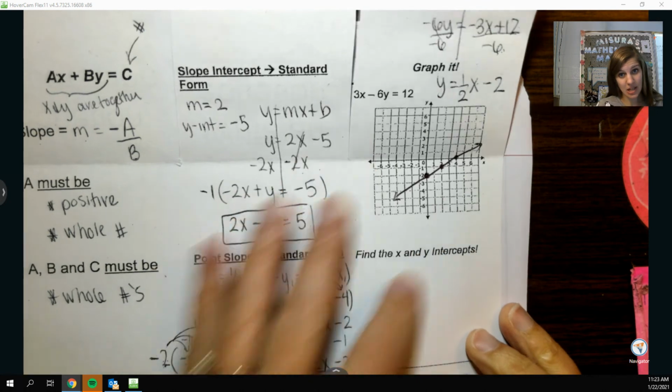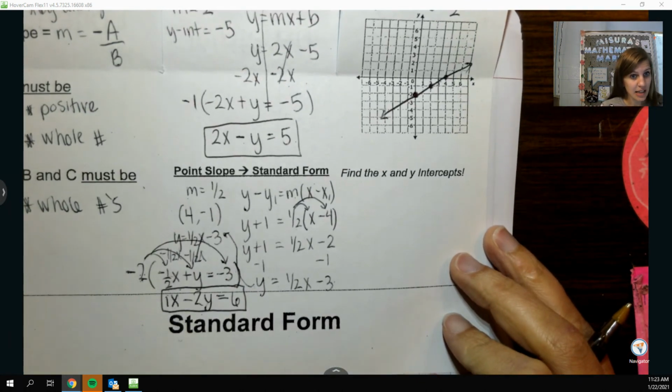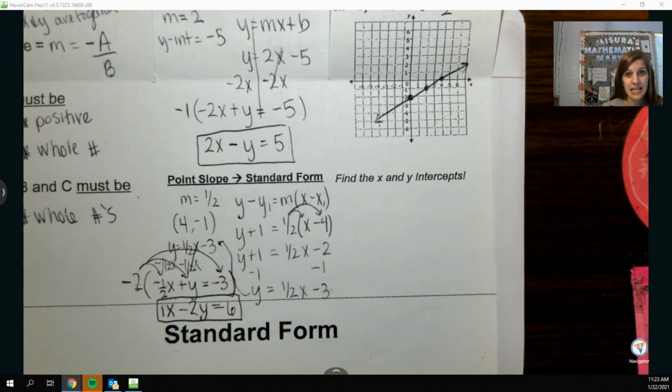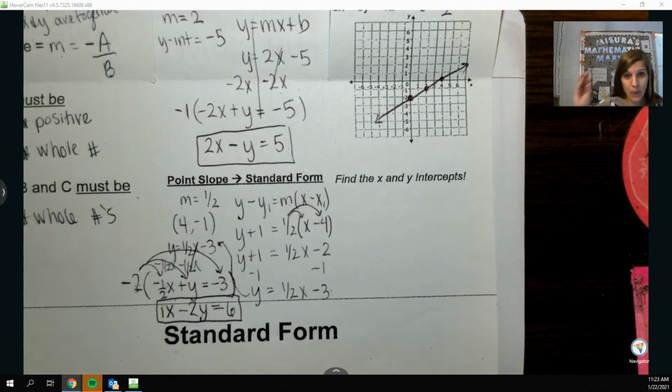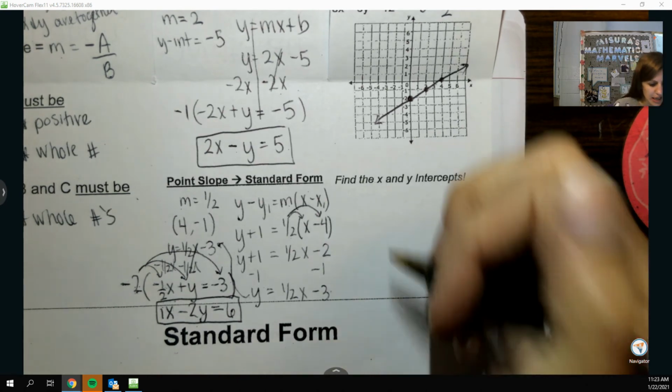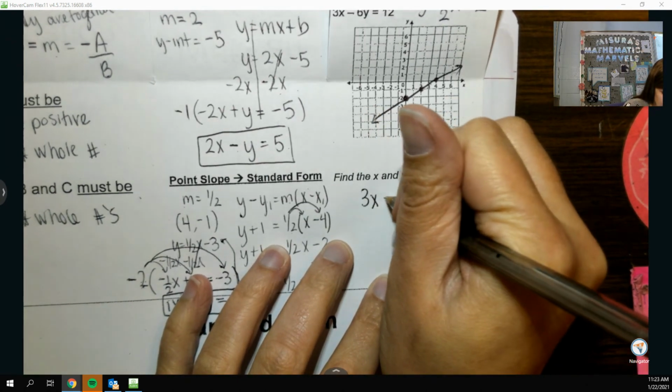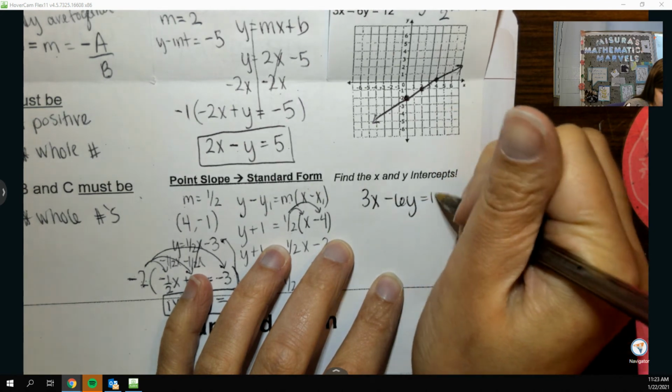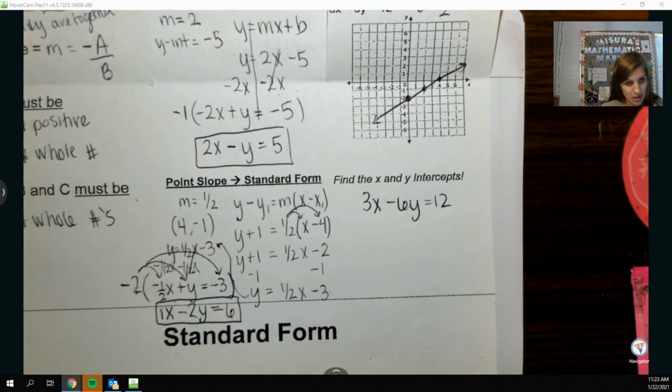Now, a different way to do it, which we will practice more of as well, is to find, instead of the slope and a point, 2 points and just connect the dots. So the 2 points that I can find really easily when I have standard form are the x and y intercepts.